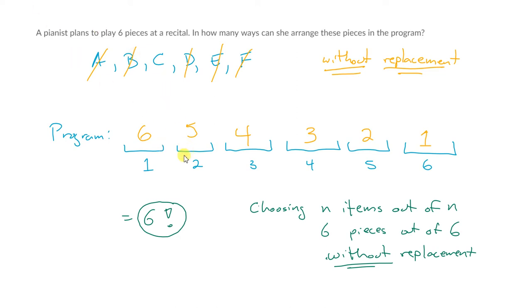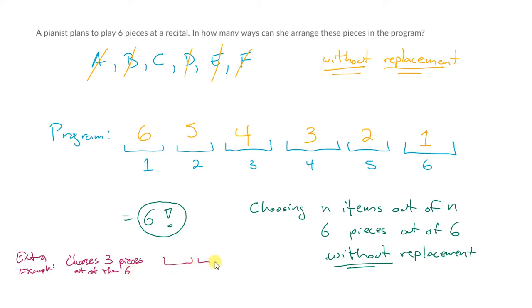So in fact, let's analyze that just as a little bit of extra practice. As an extra example, let's say she chooses 3 items out of the 6. So there's 6 available. Let's say she chooses 3 of them.